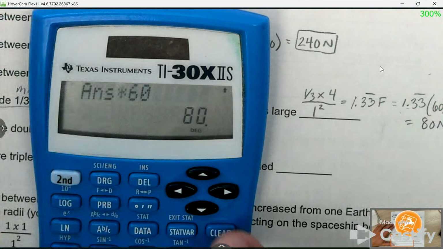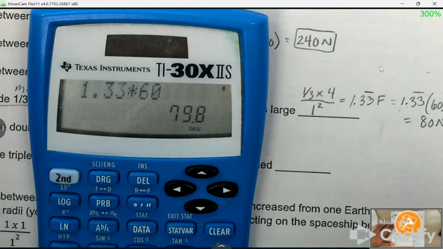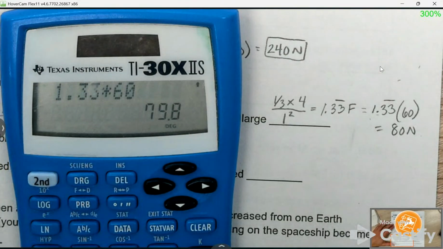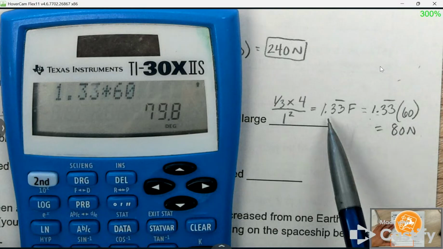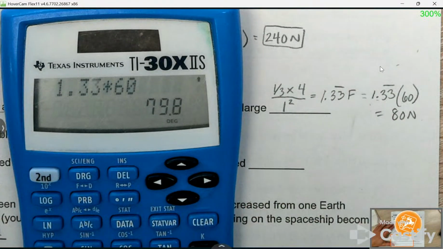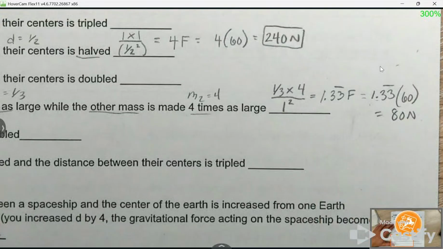If you chopped it off and did just 1.33 times 60, you get 79.8. Well, you could leave it as is, but if you use the full 1.33 repeating from the calculator, it will come out nice and perfect. If you get the 79.8, technically that would be correct for it.